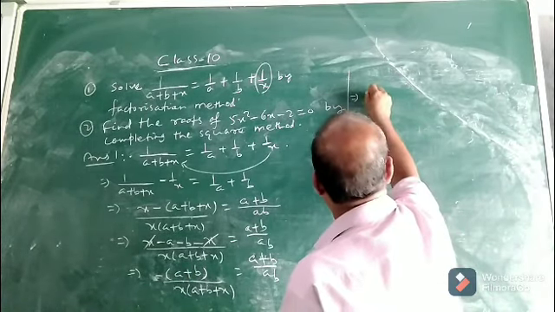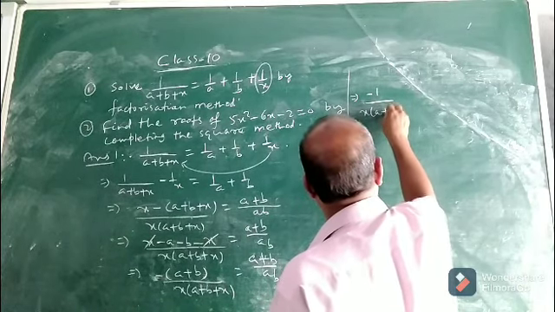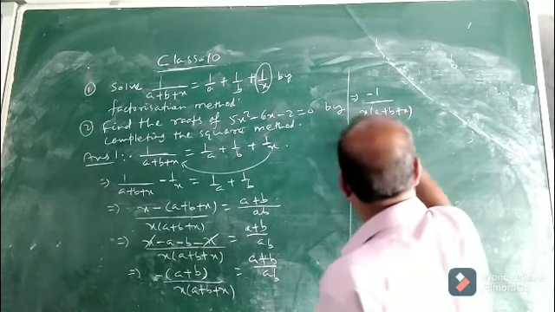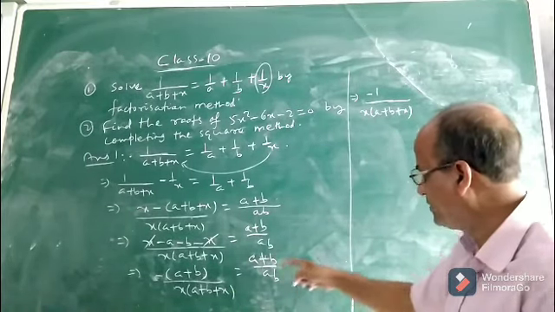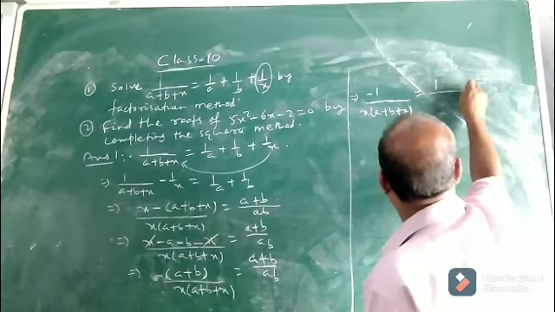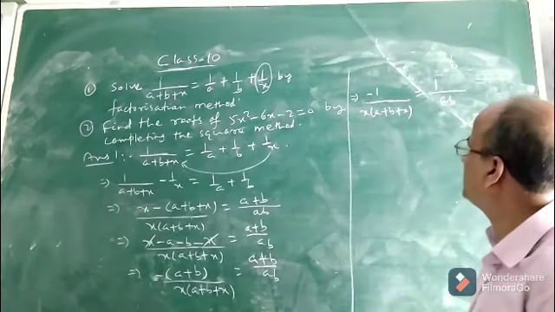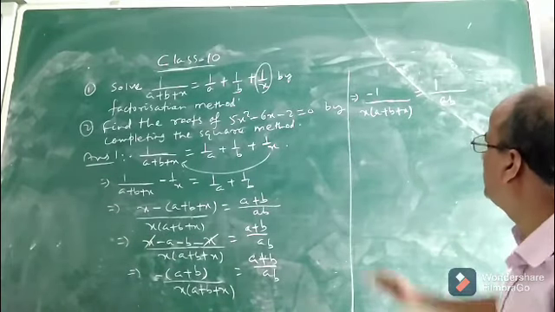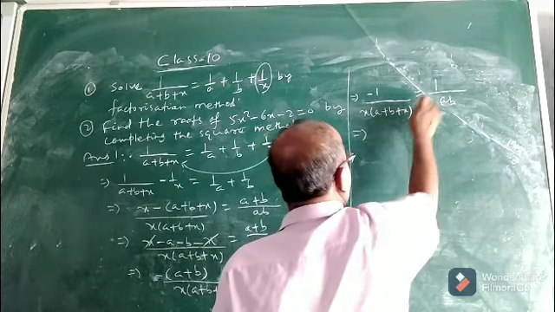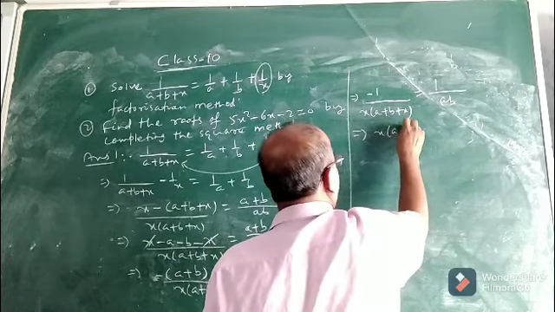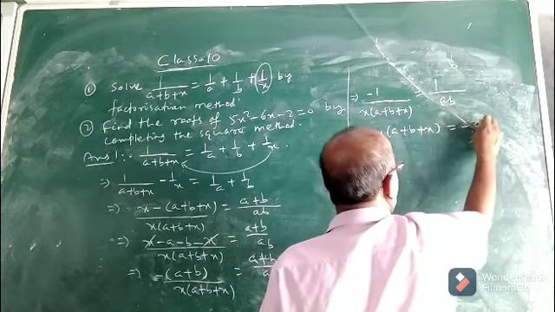That means minus 1 divided by x into (a plus b plus x) equals 1 by ab. Now what is the next step? The next step is you cross multiply. So it will be x into (a plus b plus x) equal to ab into minus 1. It is minus ab. You see?